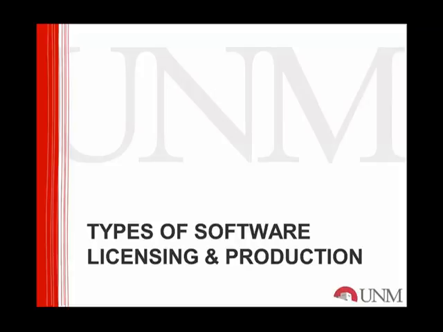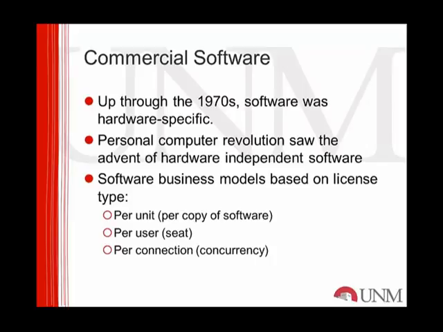Now, how software is produced and licensed is an important consideration for when you test and evaluate software that you might want to use in your work environment. We're starting to see a shift in the software industry, whereas everything used to be commercially produced.